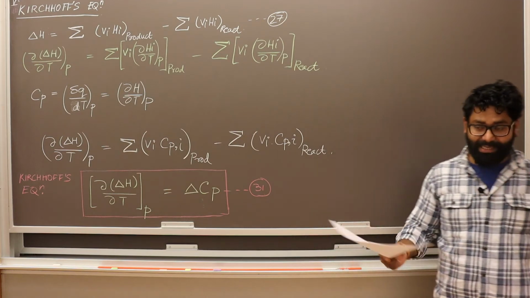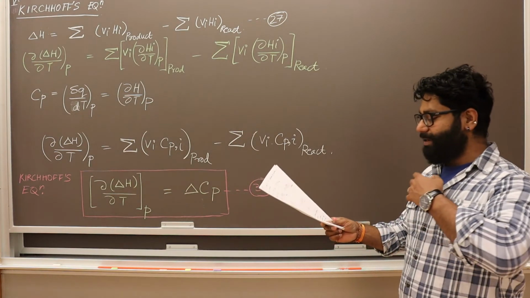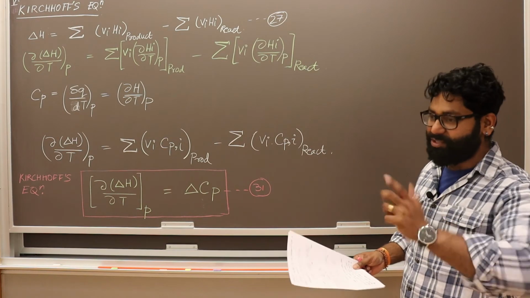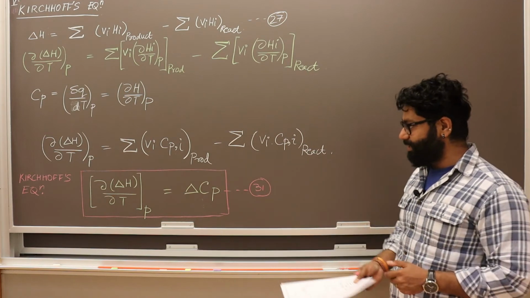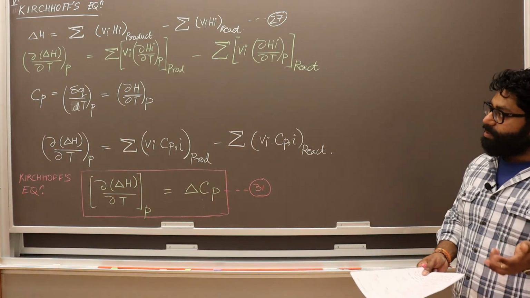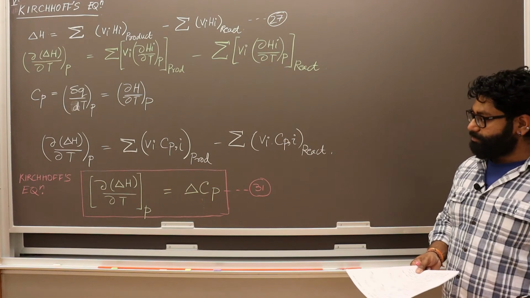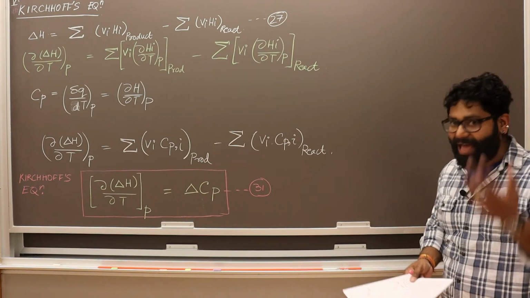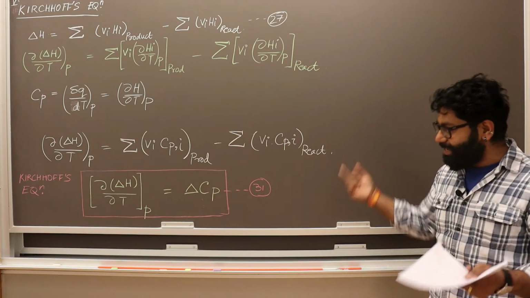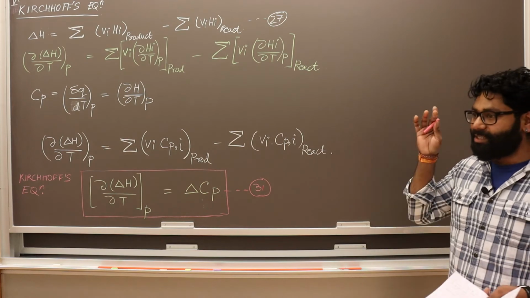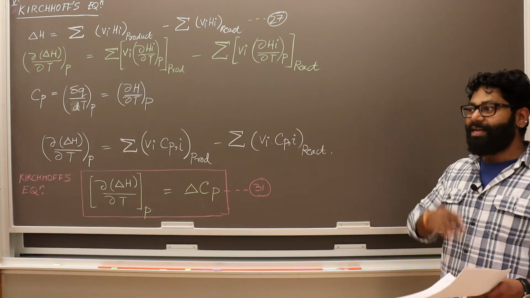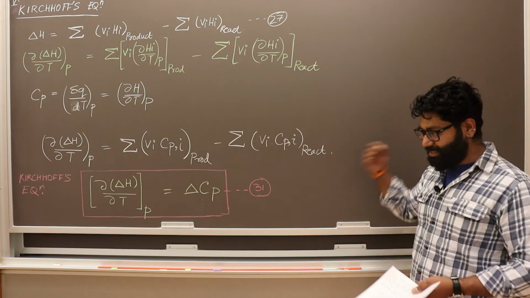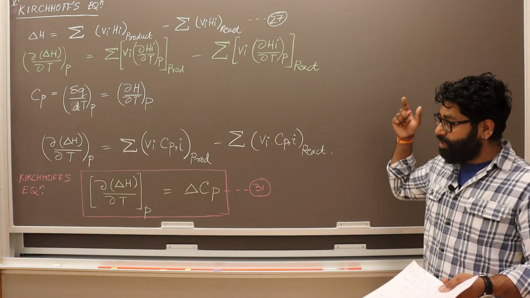Now this Kirchhoff equation is valid for any reaction that does not have any phase change in it. So if there is no phase change like solid to liquid, this equation is valid. How will you use this equation for phase changes? You have to include those values. If you have phase changes in any reaction, you have to separately include the enthalpy changes, the Cp and all the other thermodynamic variable changes, the heat capacities and other things, in that equation.